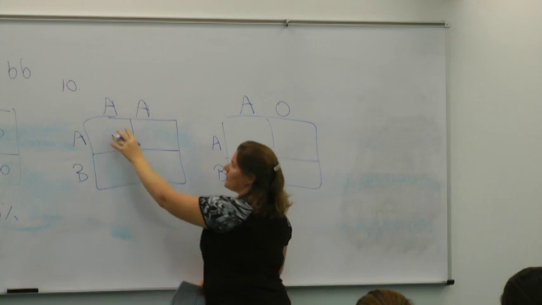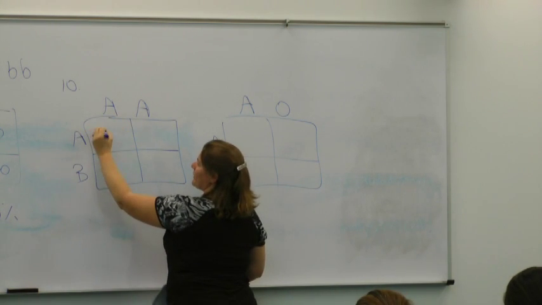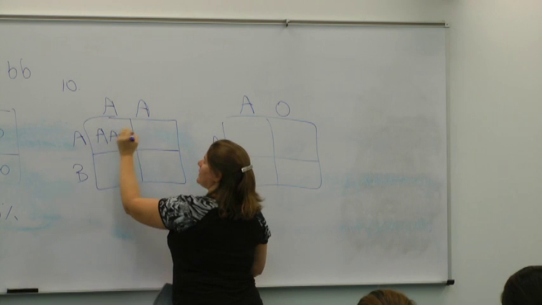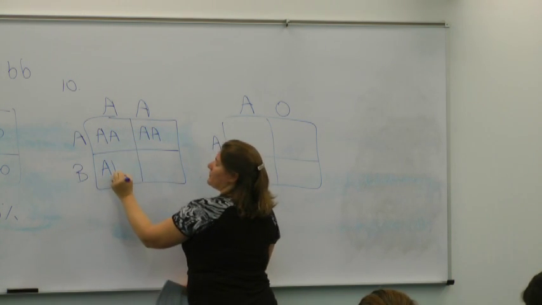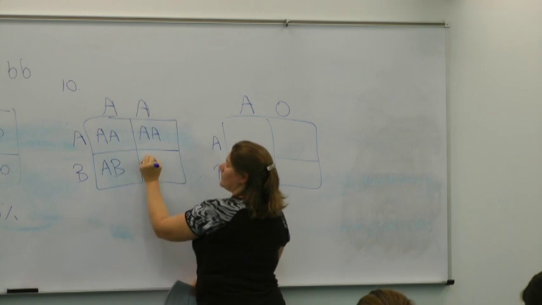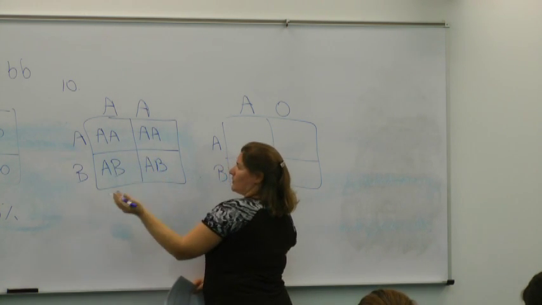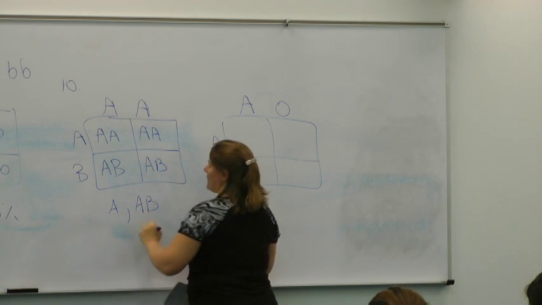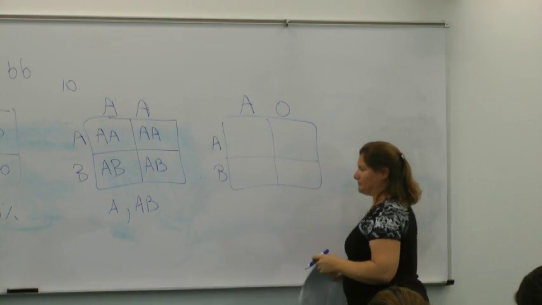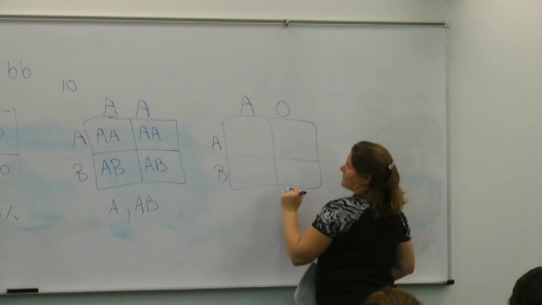Okay, so let's fill it in. What do we get? If the dad is homozygous for A, what do we get? AA, that's A blood. AA. AB. AB. So if he's homozygous for A, they could make A or AB blood babies, right?